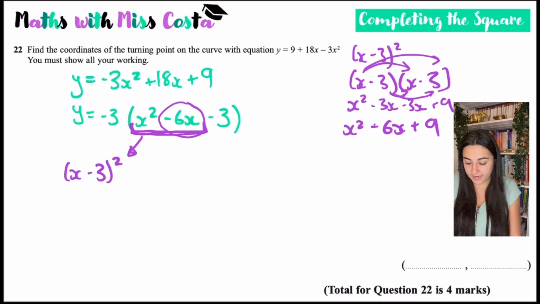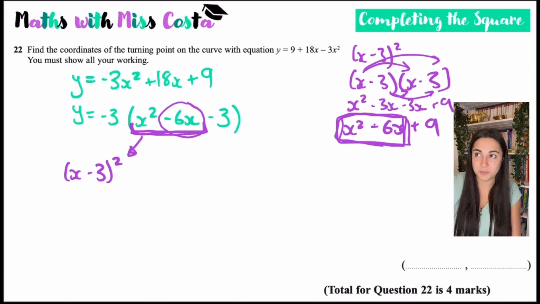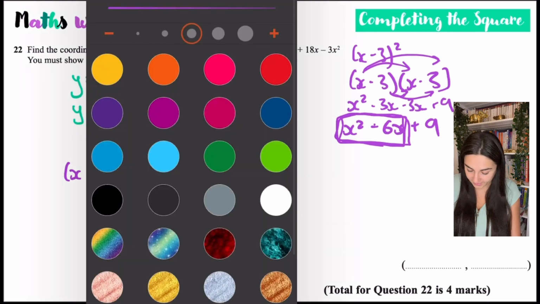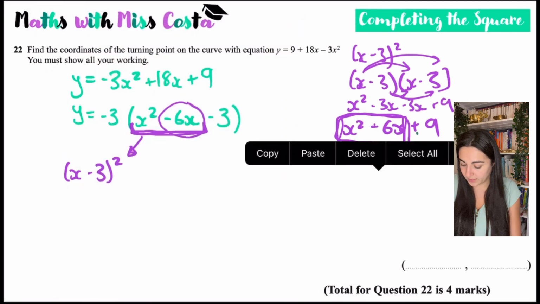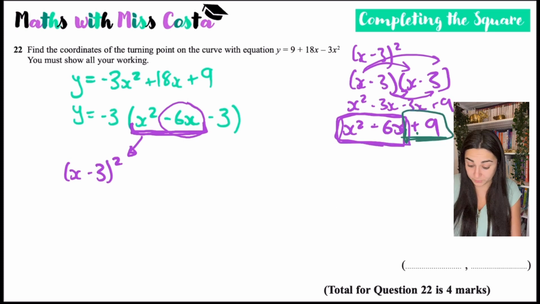So what I've done is I've basically managed to get part of my expression factorized. So that's why I complete the square. But because of this, I also want to subtract the additional bit. So over here you can see that there's a plus 9. So what you're going to want to do is subtract 9 from here so that you end up with the same equation.